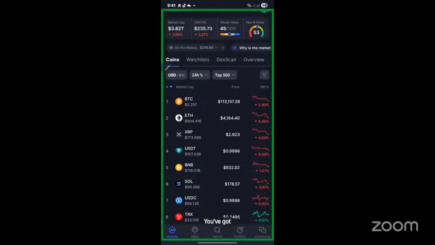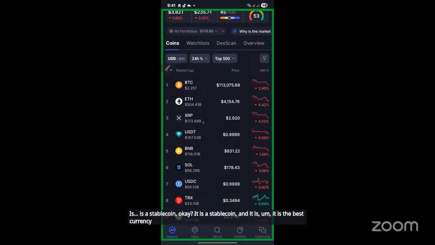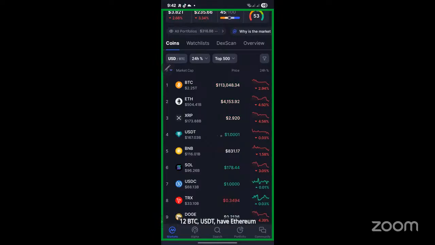So when you look at USDT, this USDT here is a stable coin. It is the best currency because we trade all these coins basing them on USDT. We have BTC USDT, Ethereum USDT, XRP USDT, BNB USDT, Solana USDT, TRX USDT.